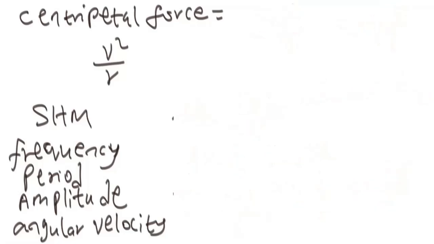Let's wipe this. Okay, so amplitude is the maximum displacement or distance of a body undergoing simple harmonic motion, and amplitude is talking about distance, that is measured in meters, whereas the angular velocity is simply the angle inclined around a circle per unit time. That means angular velocity W equals theta over time.